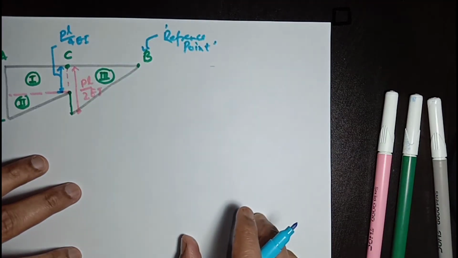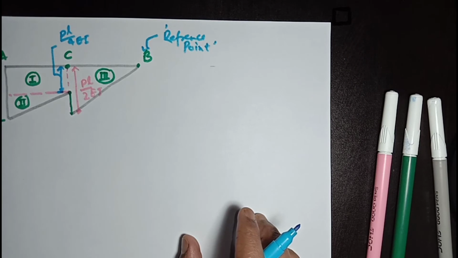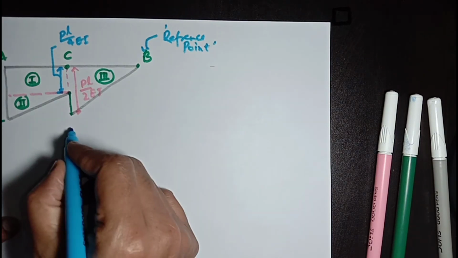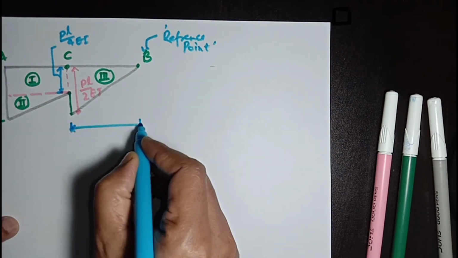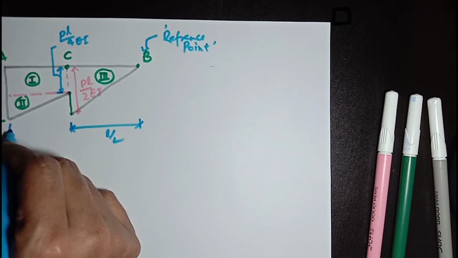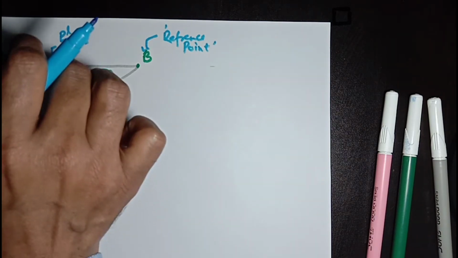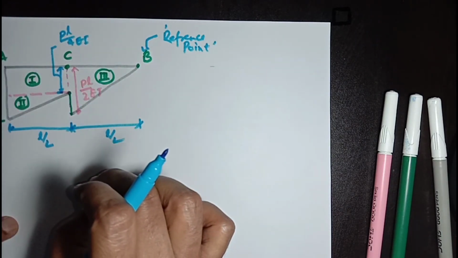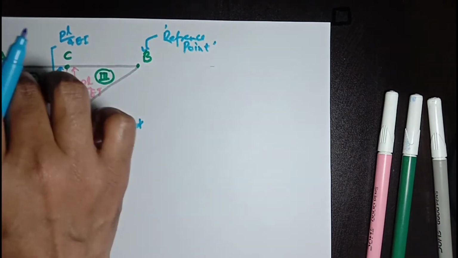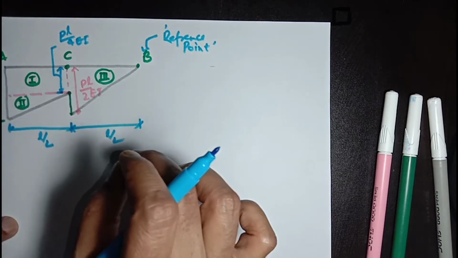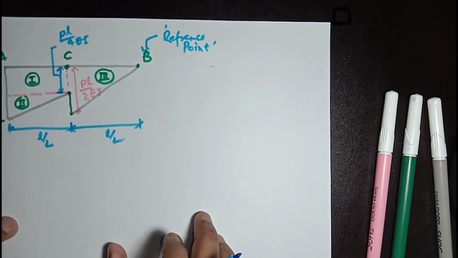Through which the centroid will be developed, and this length is L by 2, this length is L by 2, and this length is also L by 2. We have all the x coordinates and y coordinates, so that we can find the area of all these regions, and we can also find the centroid of all the regions.